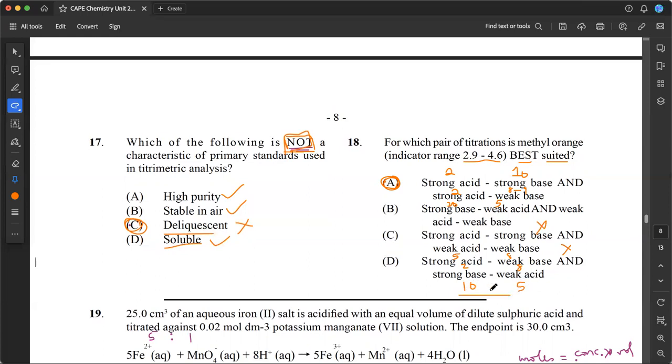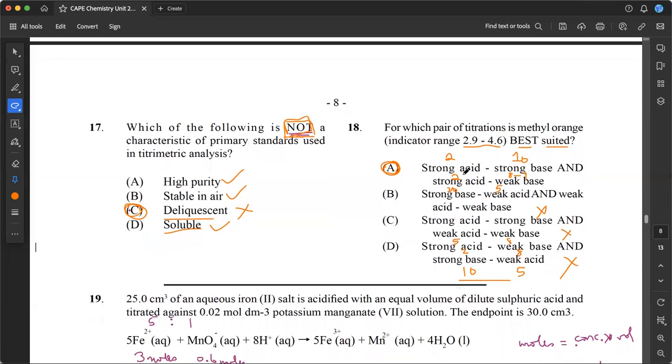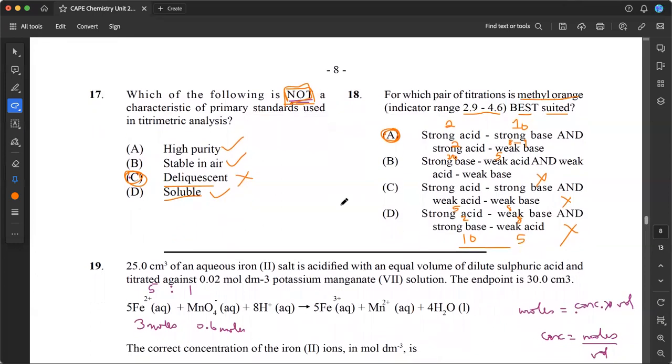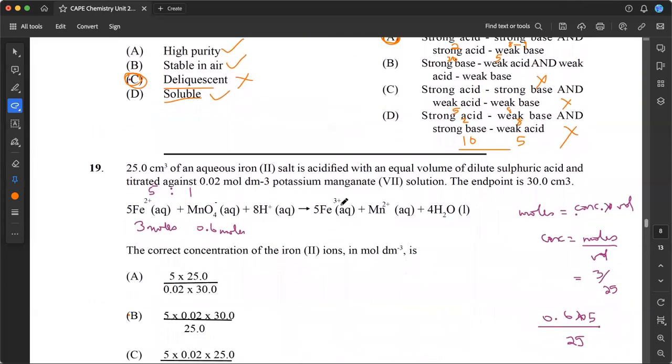Again, we skip over it for this pair, so we can't use it for this either. The only one where it works for both the first pair and the second pair is A, right? Because it overlaps perfectly with this indicator range of methyl orange, and so we will see our endpoint, okay? So 18 is A, all right. So we're moving along to 19 now.